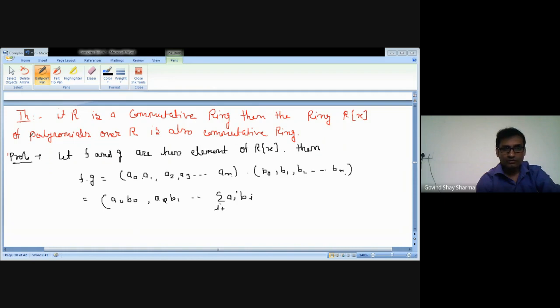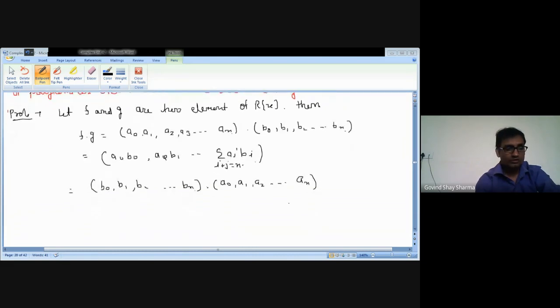Here i plus j is equal to n. Simply, the multiplication of a_i and b_j with i plus j equal to n, summed, gives the coefficient. So we can write this side as v0, v1, v2 ... vn, and that equals g dot f.